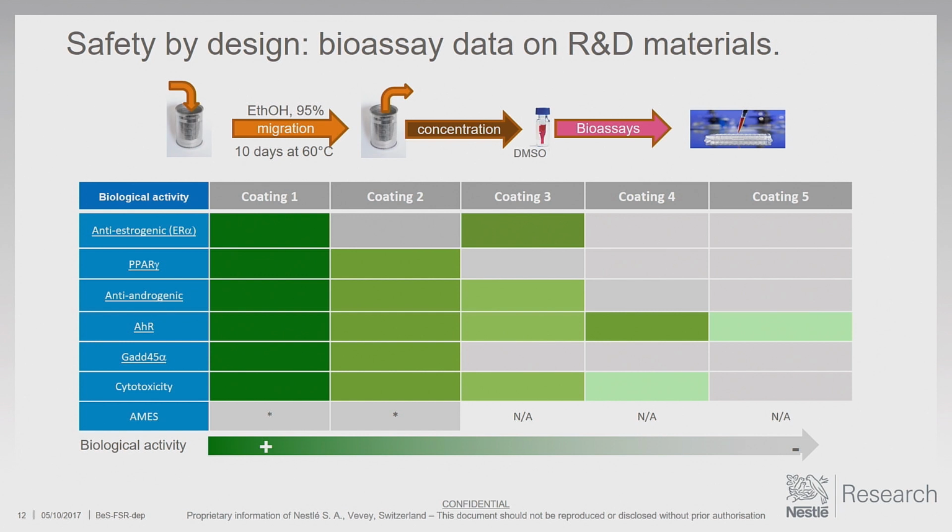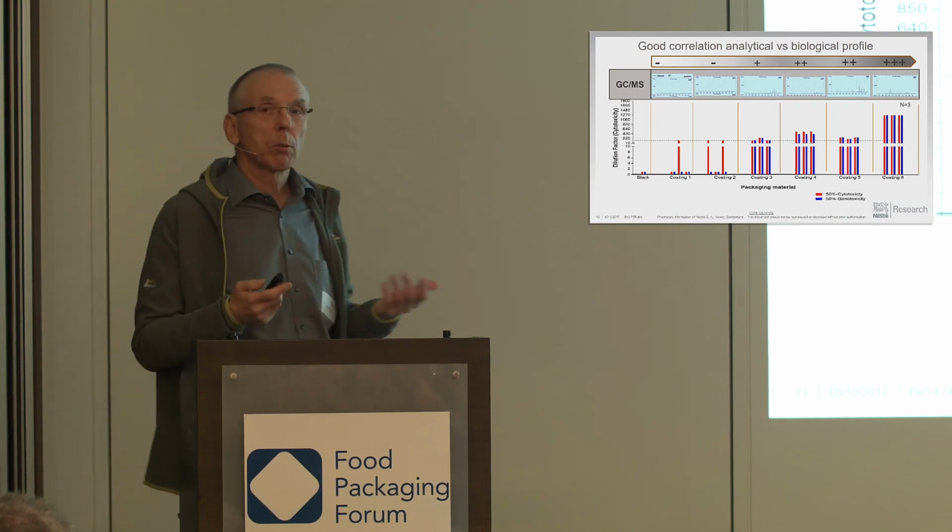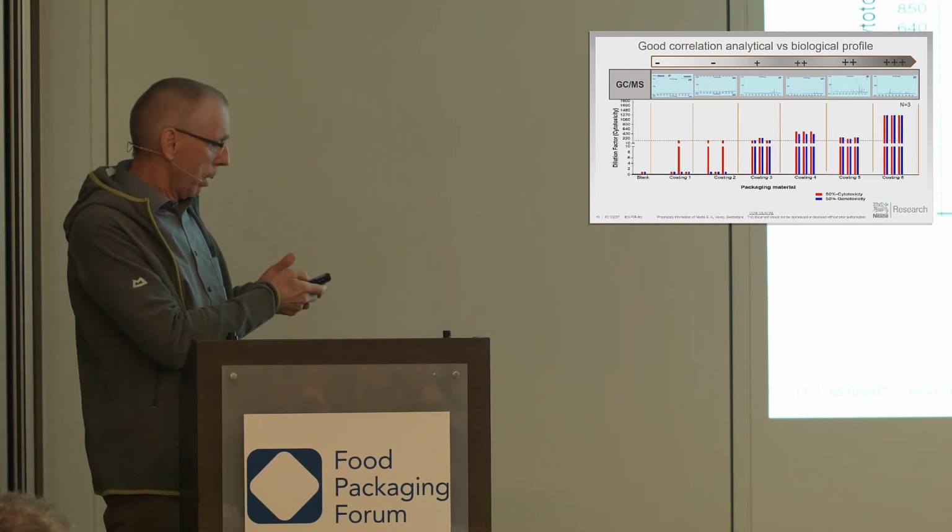And here at coating, you have 6 coatings. Actually, there are only 5, but we have tested 6. You have here different bioassays, and you can see right away that some coatings are very active in most of these, and others are virtually not active. So you can discriminate, and even if you don't know what it means, you can act.